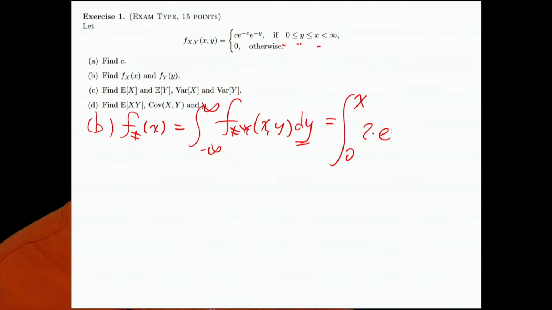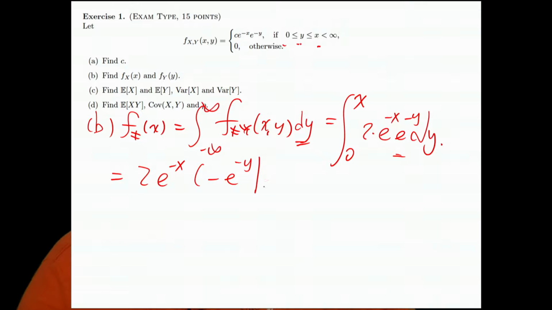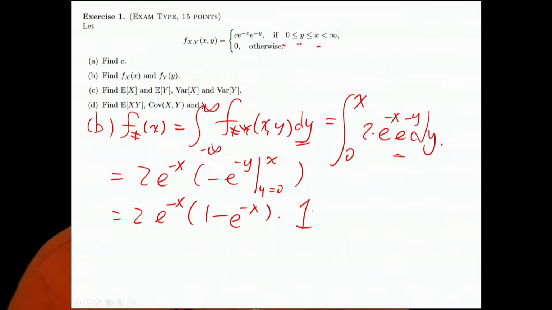So 2 times exponential minus x exponential minus y dy. I take the x outside. Then this integration is just minus e to the minus y, and y from 0 to x. And we finally get 1 minus exponential to the minus x. Now we need to know the index function because x is from 0 to infinity.